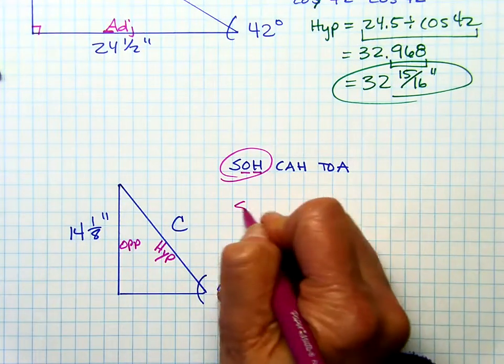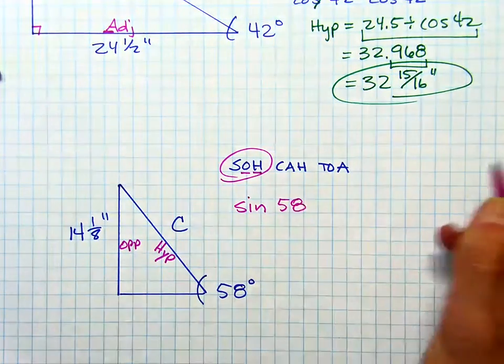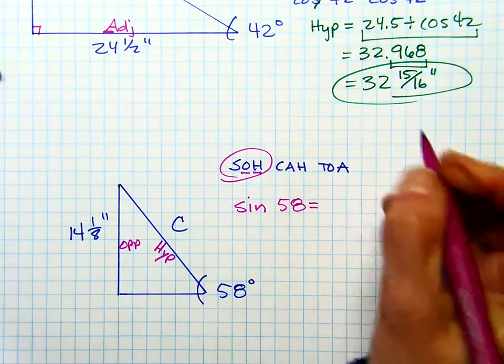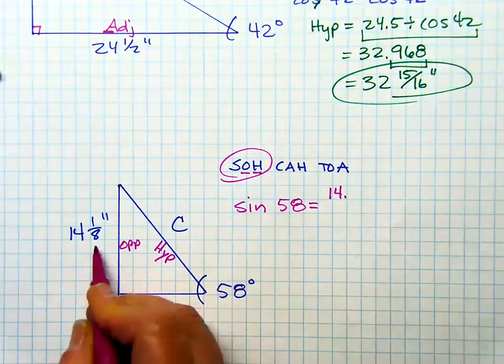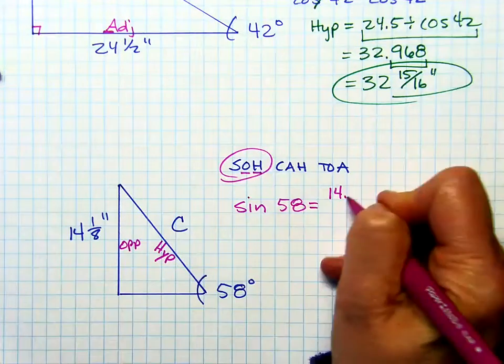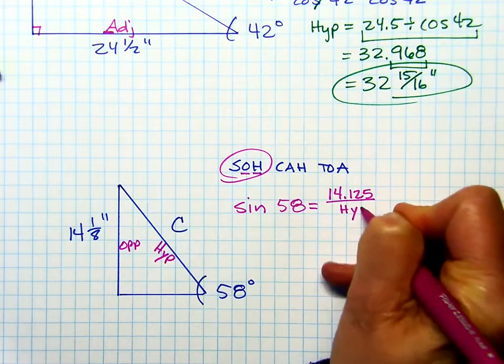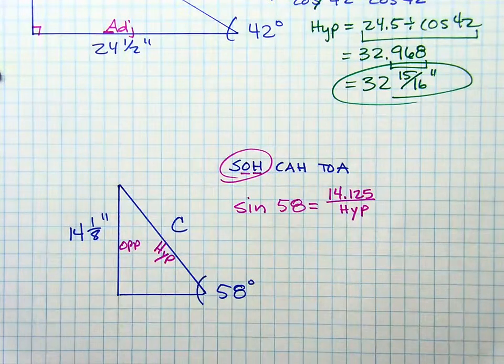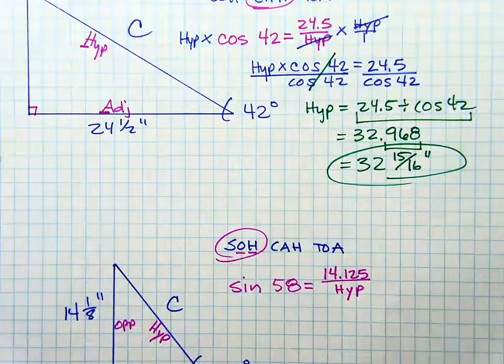So I'm going to rewrite that as sin 58 equals opposite, which is 14, and I'm going to write this as a decimal, so it'd be 0.125 over hypotenuse. And I don't know what the hypotenuse is. Now, this problem here is very similar to the one that we just did.